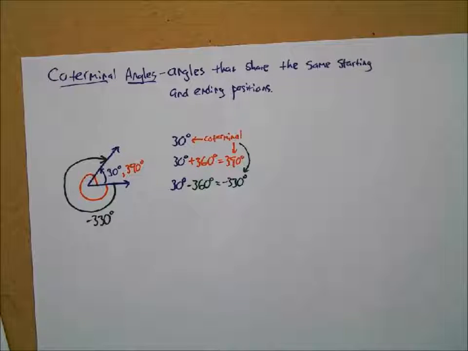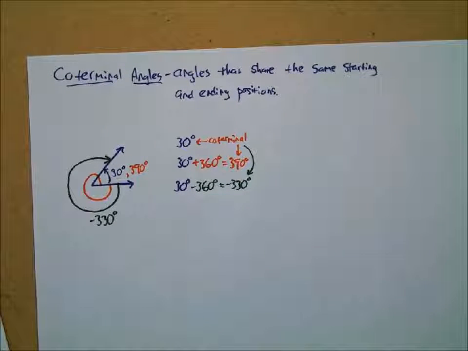So when it comes to angles, if we're given a particular angle, for example 30 degrees, and we want to come up with more angles that are coterminal to that 30 degrees, what can we do? Add multiples of 360, which would include also subtracting 360 as well, right? Because you can talk about positive multiples or negative multiples of 360.